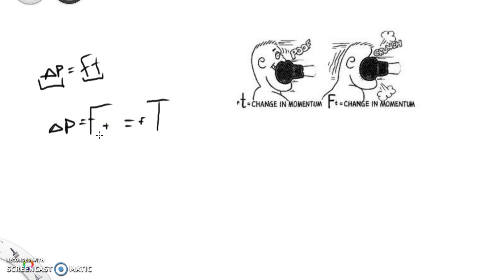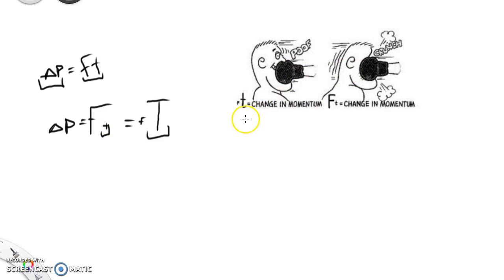I mean, so think about it. Which of these would be the egg hitting the pillow, and which would be the egg hitting the concrete? Well, when we hit the pillow, we experience a very small force because the collision takes a longer amount of time. Whereas an egg hitting concrete is going to experience a very large force because that collision happens very fast.